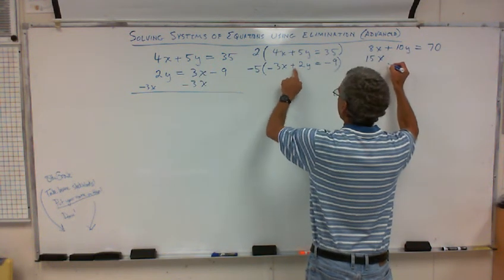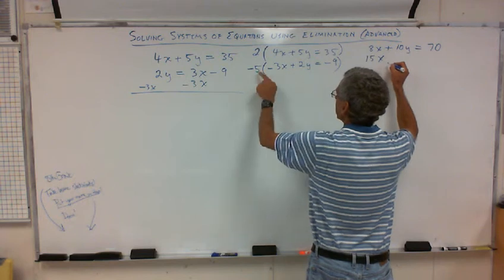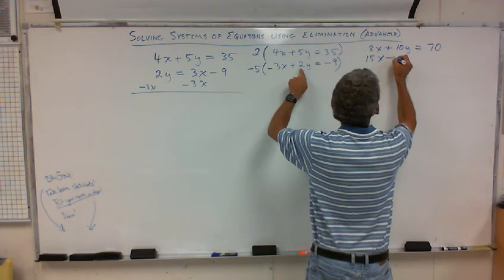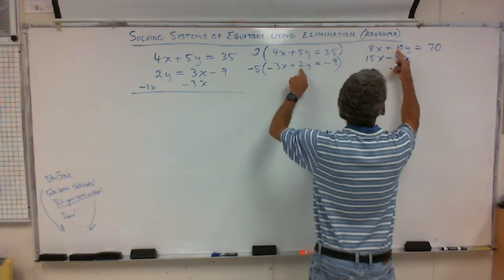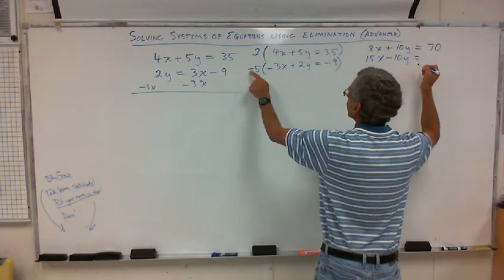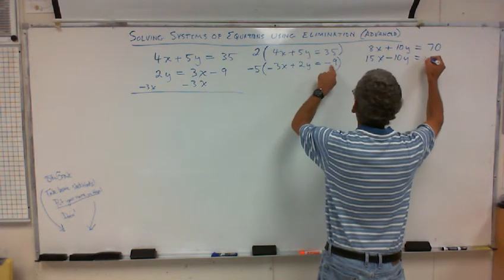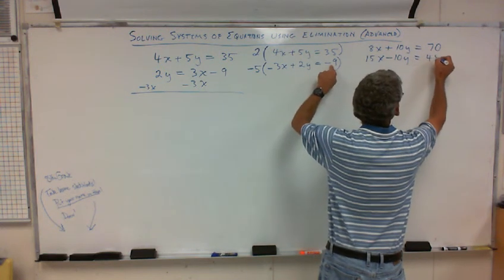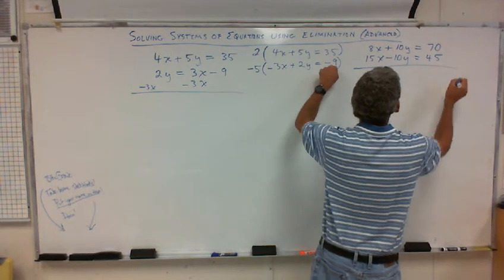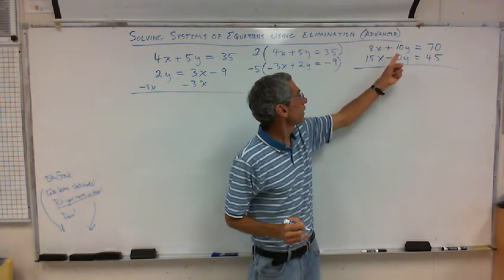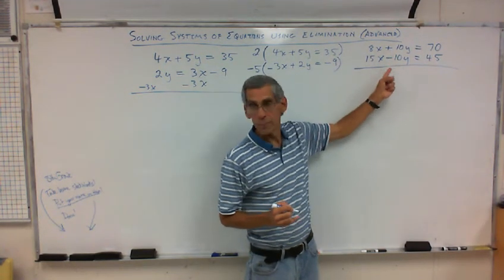And then negative 5 times positive 2y is negative 10y. Good. That's good because we have positive 10y, negative 10y. Equals negative 5 times negative 9 is positive 45, right? All right, so now we do have our coefficients exactly the same, and they are opposites.